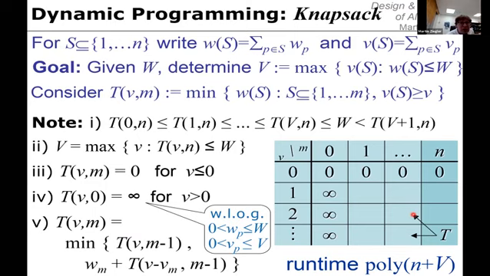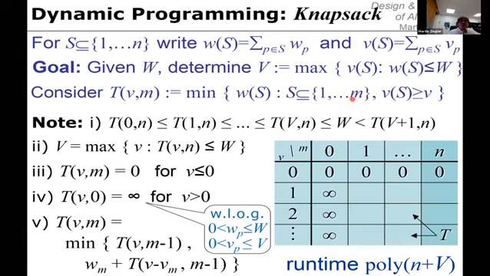Okay, and how do they depend on it? Well, recall the definition of our table. The definition says: calculate the minimum weight that is required in order to attain this value, to exceed this value among the first m packets. And so this minimum corresponds to a subset of the packets, right? And this subset either contains the mth packet or does not contain the mth packet.